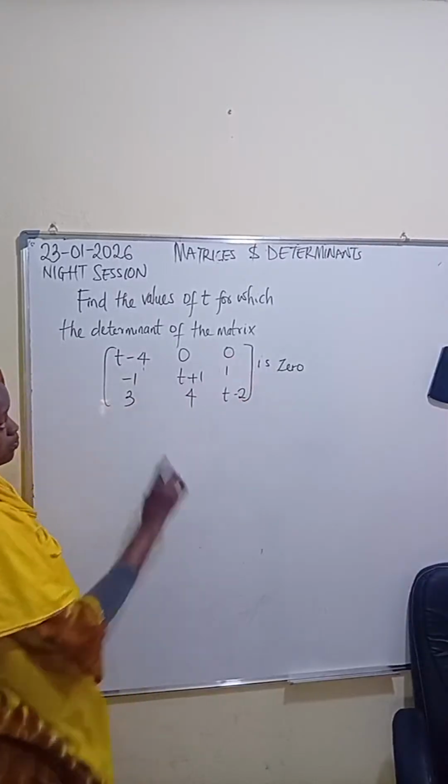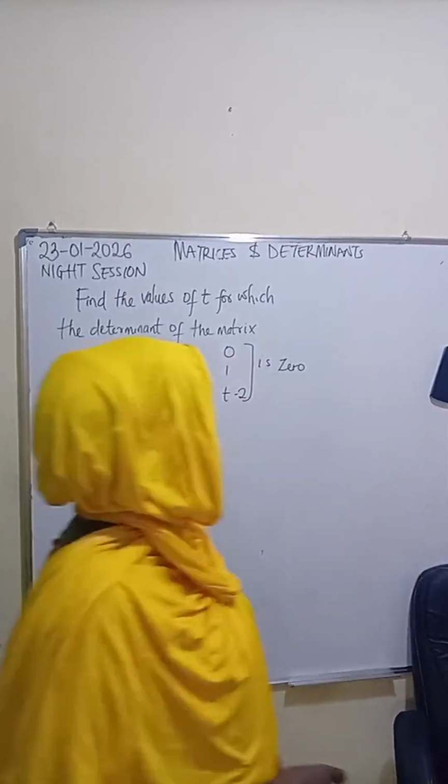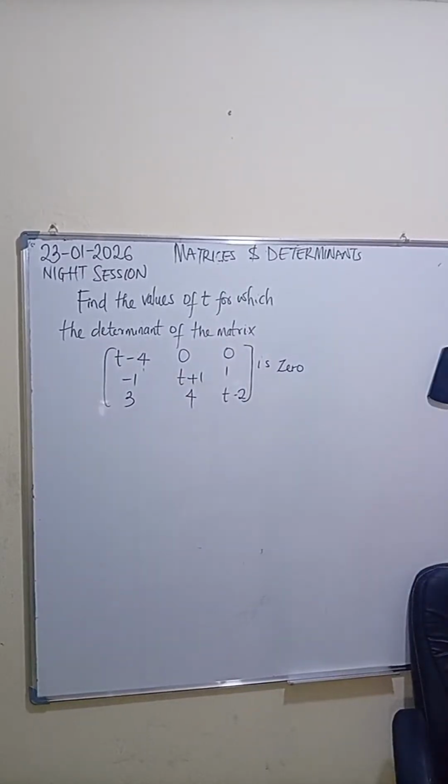Now, the row, right? Is that 0, 0? Okay.